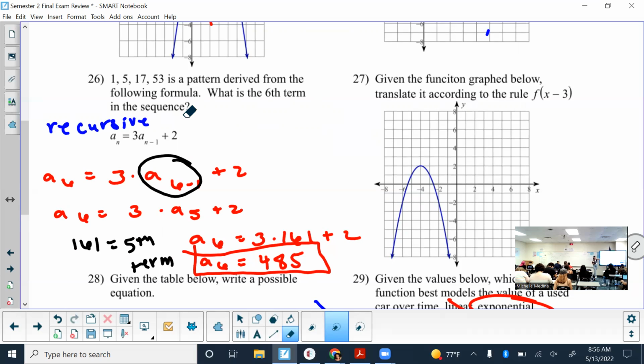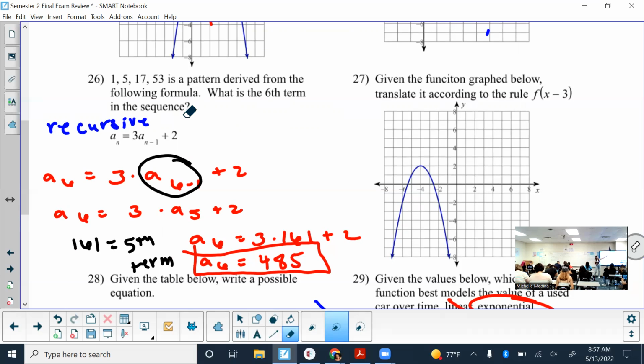All right, so this gives me the first 4 terms. It wants to know what's the 6th term of that sequence. So what do I need to find before I find my 6th term? I mean, I have 4 terms already, so I would need to find my 5th term and then find my 6th term. Make sense? And that's what the recursive formula is saying as well.